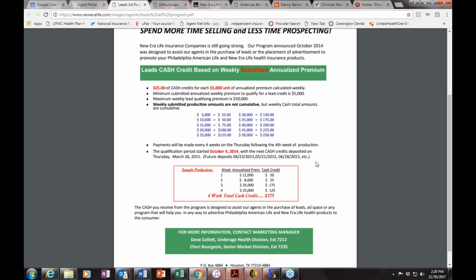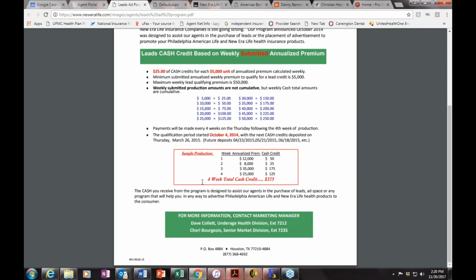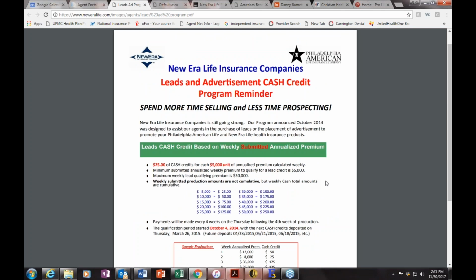So you get $25 worth of cash credits for every $5,000 of annual premium, and it is paid out monthly every 4 weeks on the Thursday following the 4th week of production. Just gives you an idea, just to earn a little bit of extra money. It's an ongoing contest. It never ends. So this is a good way to earn a little bit of extra cash.